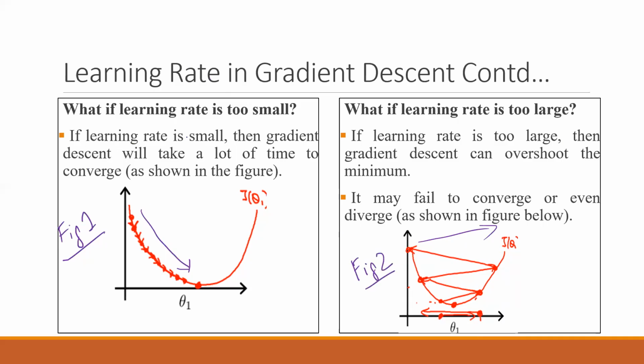So if the learning rate is small, the gradient descent will take a lot of time to converge. My gradient is also changing, and the step size was decreasing because of my gradient. But if my alpha is also very small, let's say 0.00001, then my overall step size will be very small, and it will take lots and lots of time to reach this bottom point.